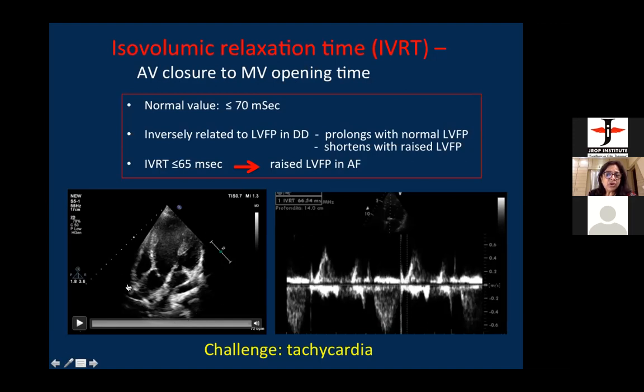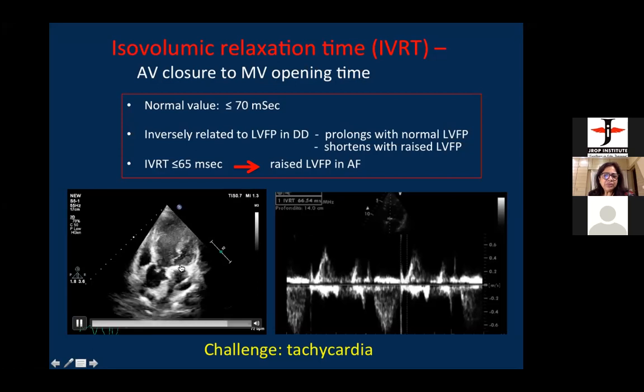We get this from the apical 4-chamber by anterior tilting of the probe. You see, this is the aorta opening up from the left ventricle.